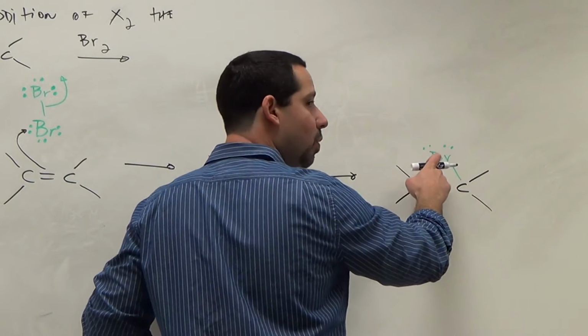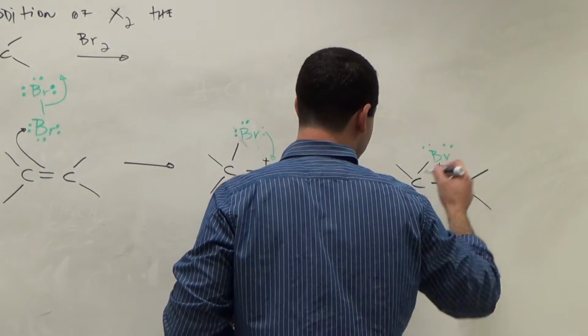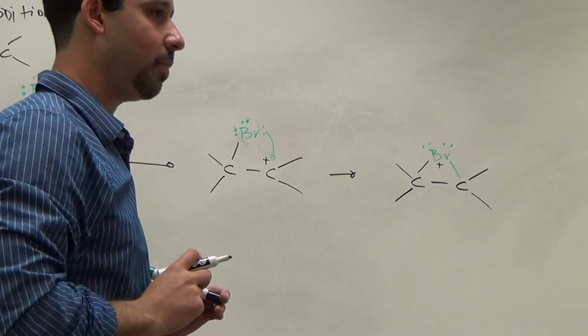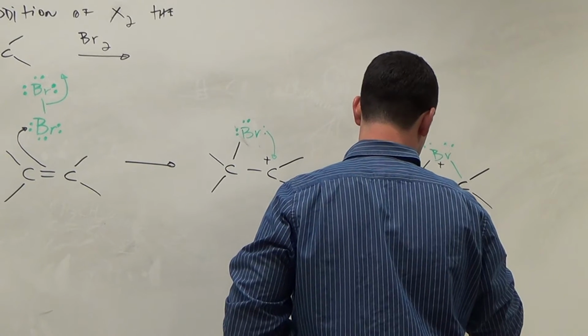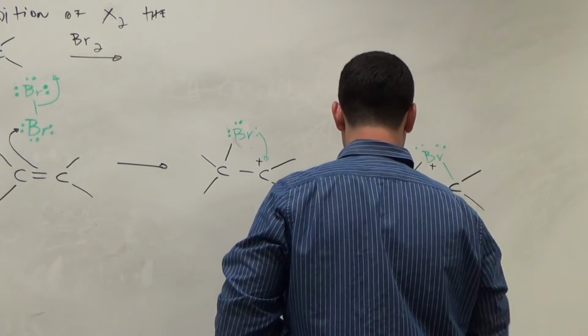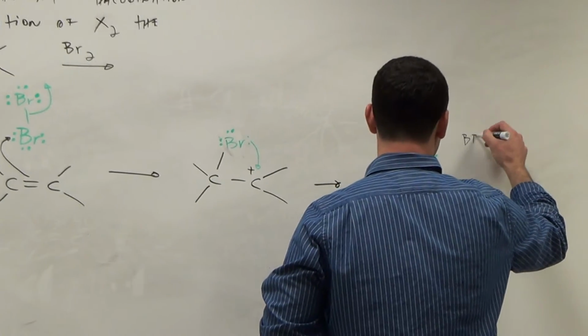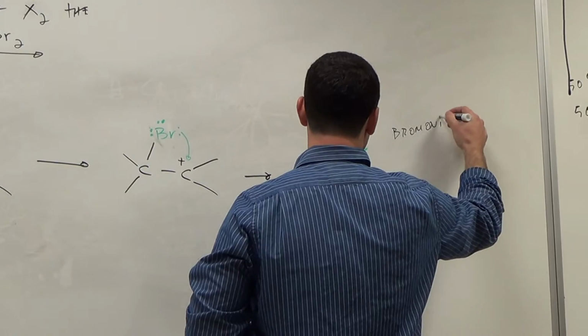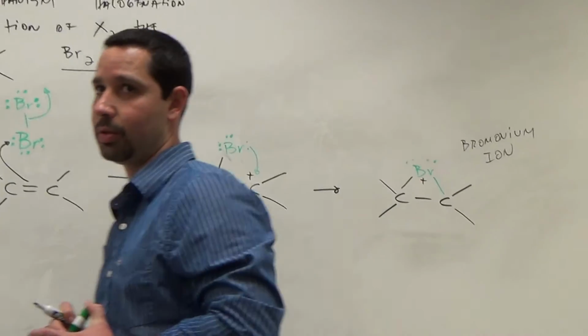Formal charge on this bromine is positive 1. So this will have a positive charge there. And this is called a bromonium ion. Let's write it here on the side. Bromonium ion. This is the idea of this reaction.